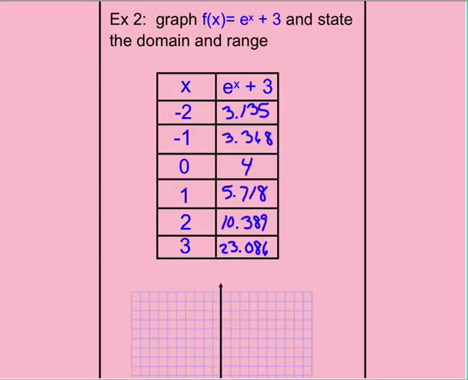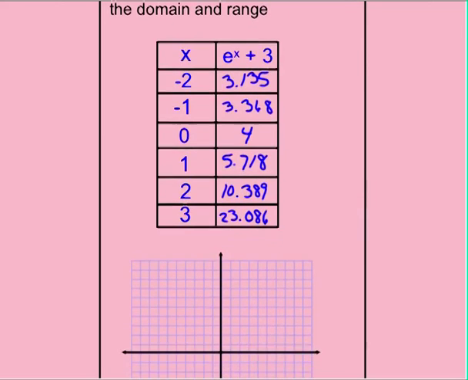We're going to graph a couple more, starting with a transformation of our e to the x function by shifting it up 3. So again, I've already got these values filled out for you, so we're just going to plot them.